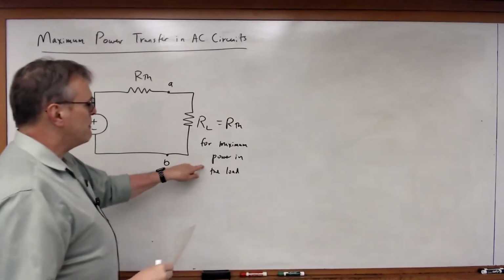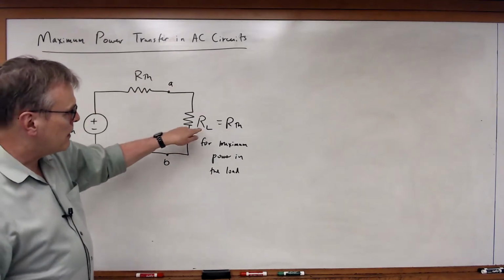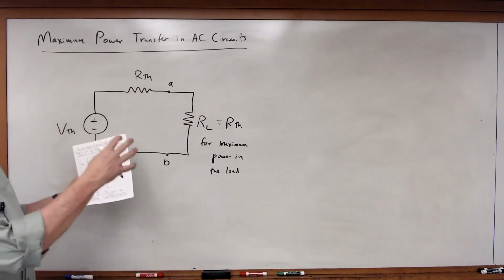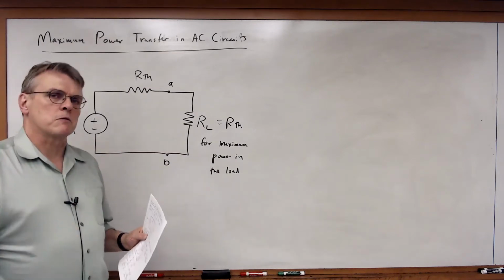So we got maximum power dissipated in the load when the load resistance was equal to the Thevenin resistance. So this is back when we were looking at DC circuits with resistors.